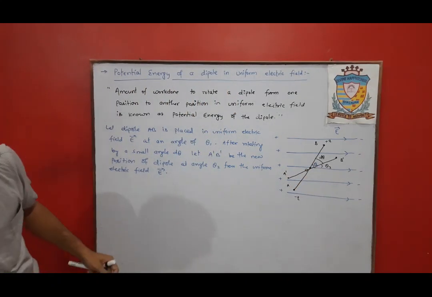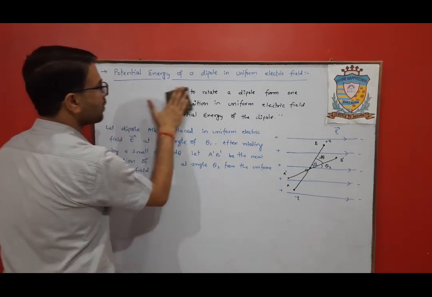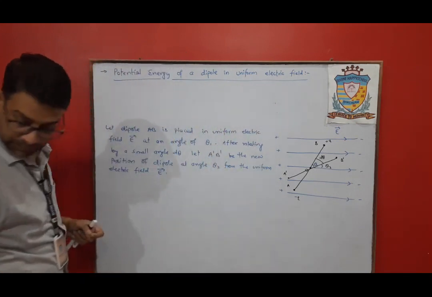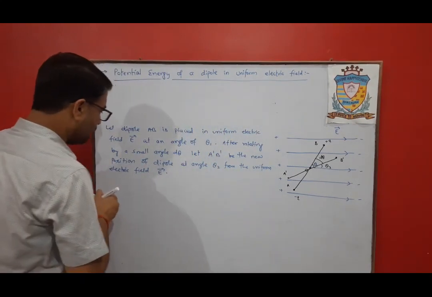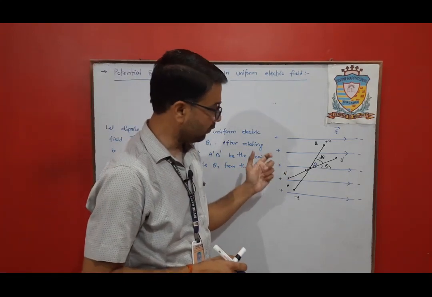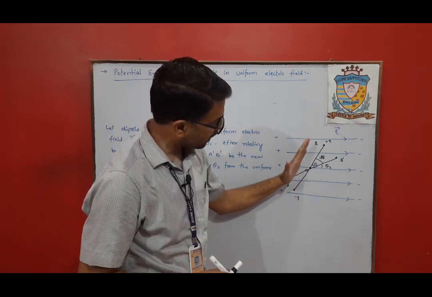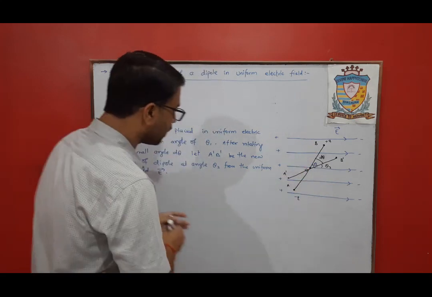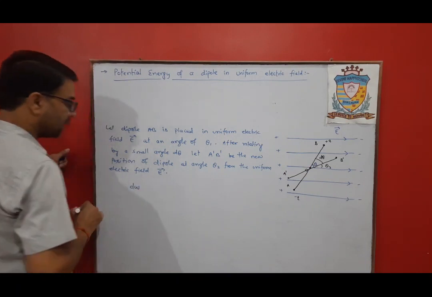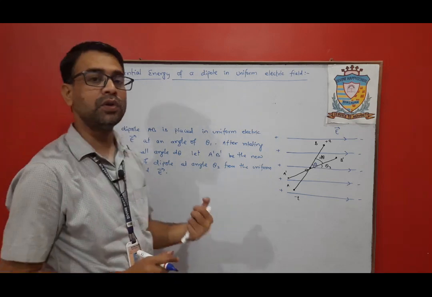Okay, now so total work done, or we'll find the small work done to rotate this dipole from theta 1 to theta 2. So let the small work done is dW, and we know that work done is force into displacement.